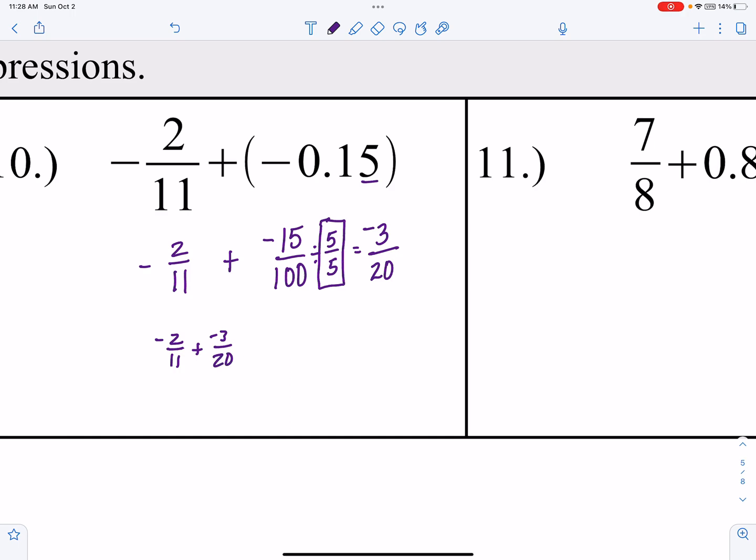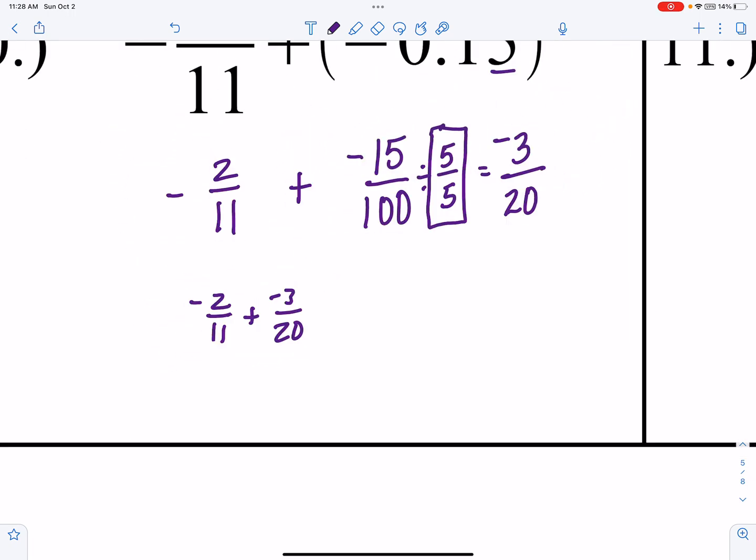Now I can find at least a smaller common denominator than what we would have had. I'm going to multiply this one by 11/11, and we'll multiply this one by 20/20, and we'll create our new numbers.